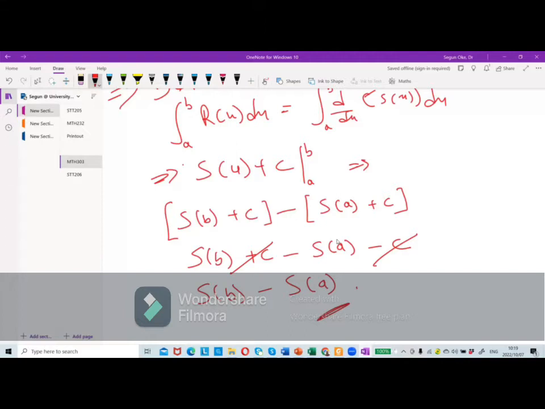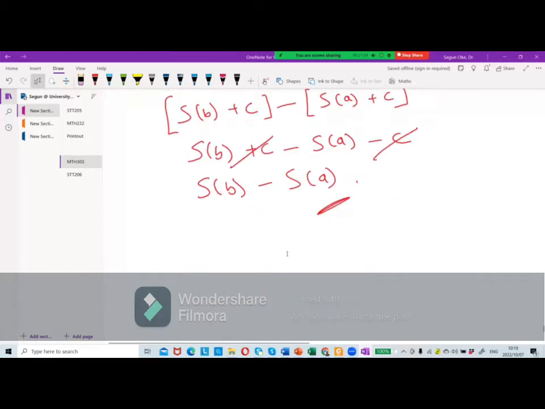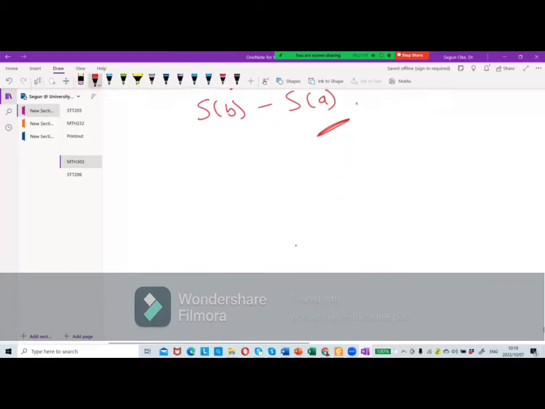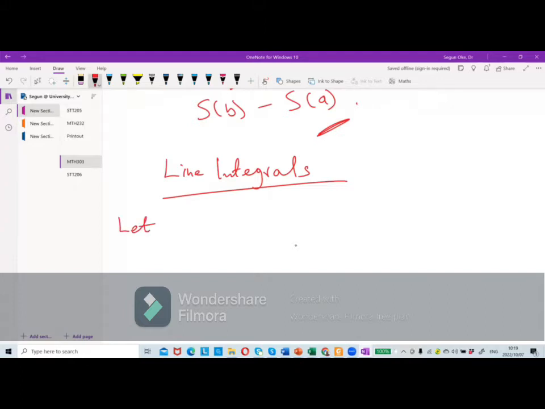But now what about when I have a line integral? Let's look at the line integral. I'll give out the definition, then we'll solve them. We will look at the example later. Let r of u, small r of u, be x of u i plus y of u j plus z of u k.